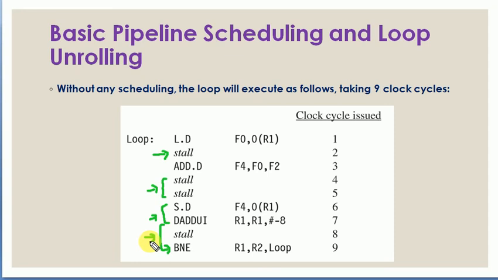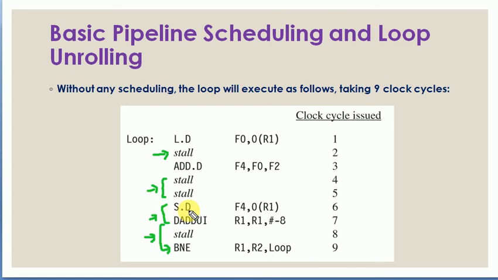So for the 5 instructions it takes 9 clock cycles, because 4 stalls are generated because of dependencies. This one depends on that one, so there will be a delay here.